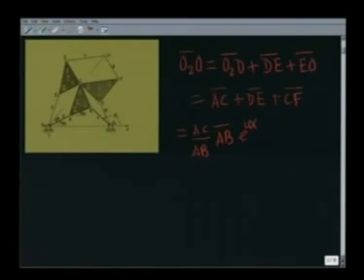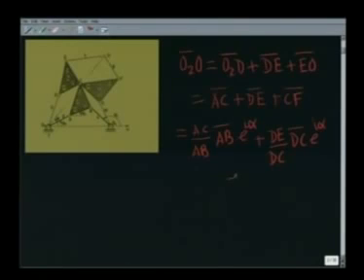Now, the vector DE can be written as DE by DC into vector DC. That takes care of the magnitude of DE, but the vector DE is again at an angle alpha from the vector DC. So, we multiply by e to the power i alpha.